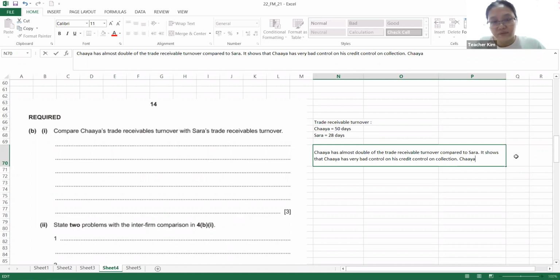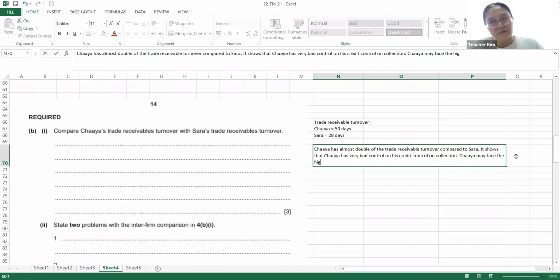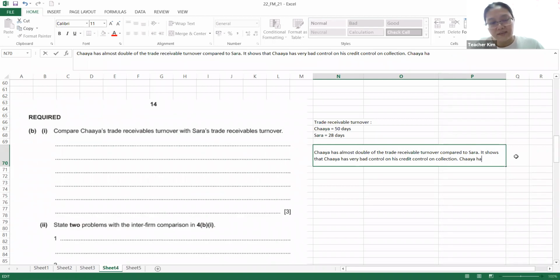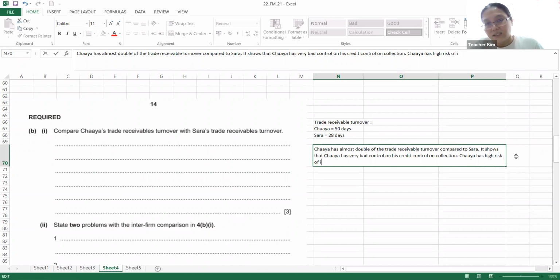Chaya may face a high risk of irrecoverable debt compared to Sarah. Okay. So what does he have to do?